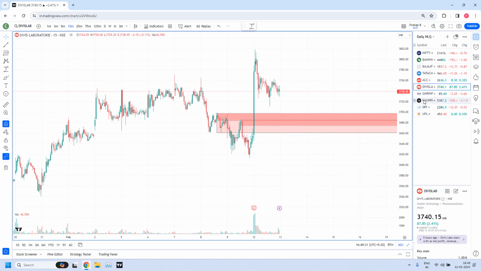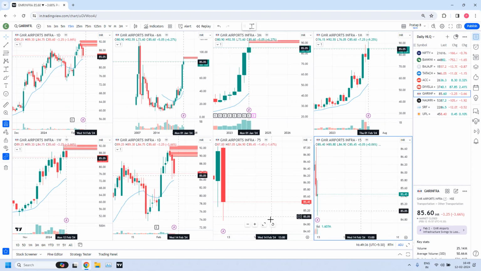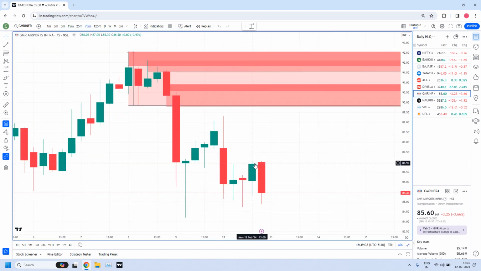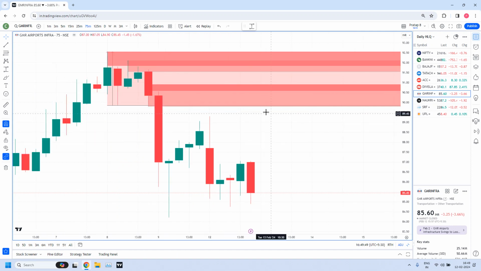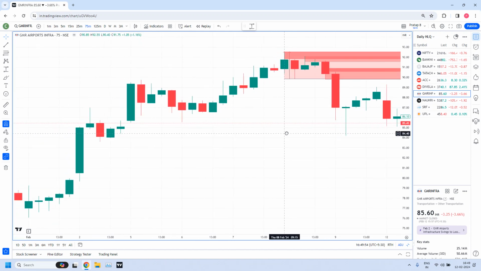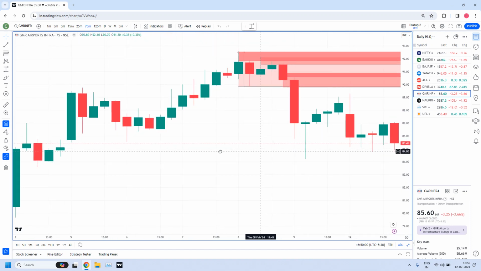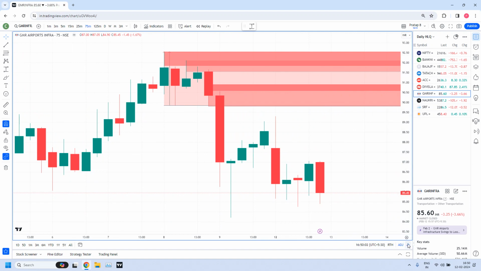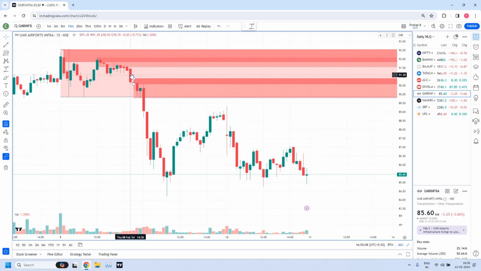And the next stock is ZMR Infra. ZMR Infra is a 75-minute zone. We have a rally candle, 3 base candles and a drop candle. And inside this, we identified very good 15-minute zones.